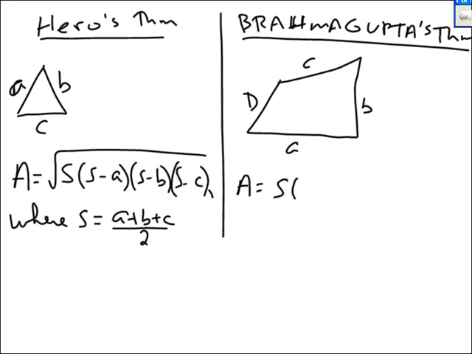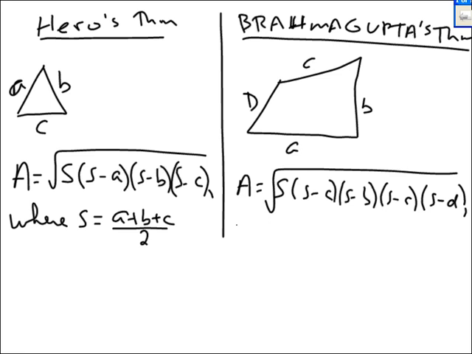It's going to be the square root of S times S minus A times S minus B times S minus C times S minus D, where S is A plus B plus C plus D over 2. Always over 2.